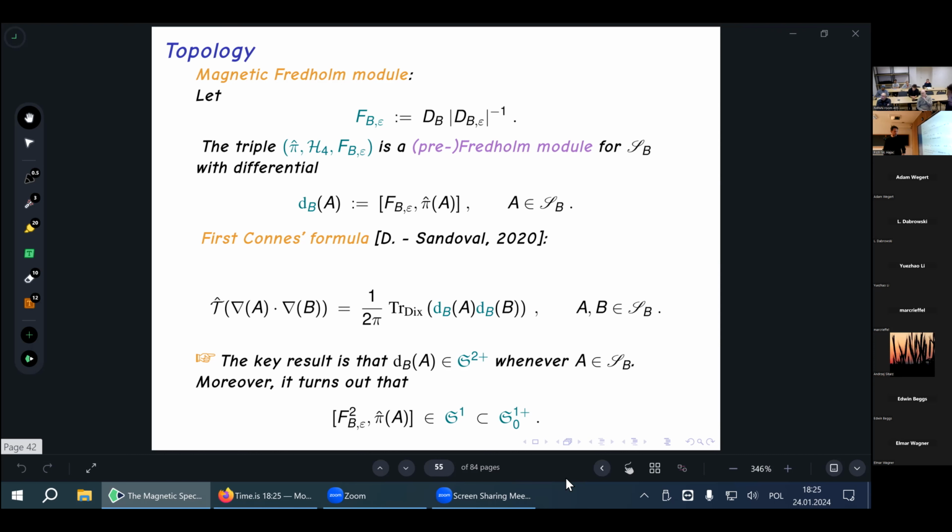And there is a second important fact. Usually, in the usual construction of a Fredholm module, F has the property that the square of F is the identity. Here, F squared is not the identity, but when I compute the commutator of F squared with any element of my pre-Schwartz algebra, I obtain a compact operator.